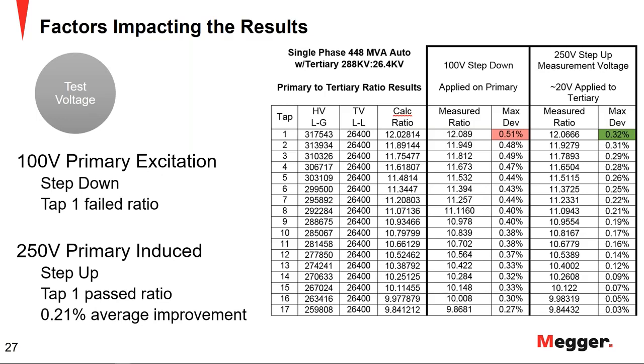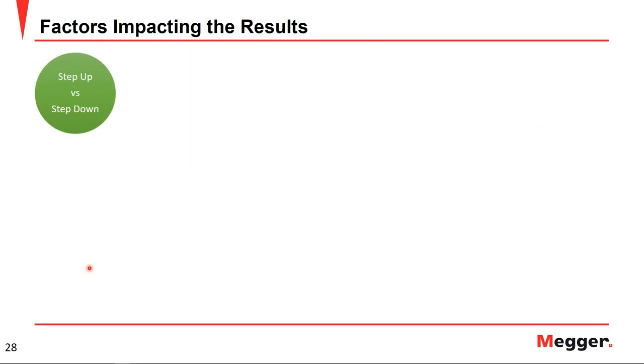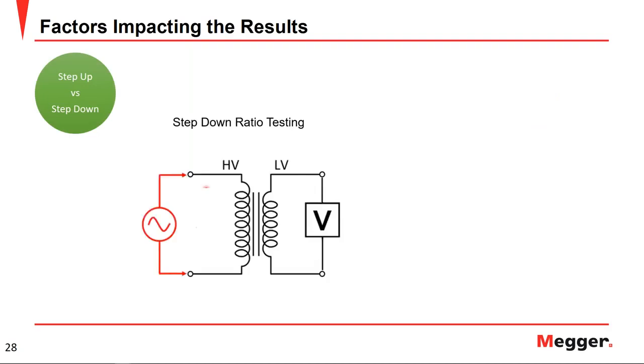This brings me into my next discussion because if you will note in the top right-hand corner here, there's 250 volts step-up measurement voltage, but 20 volts was applied on the tertiary, and this is what we refer to as the step-up method of testing. So step-down ratio testing is when you inject voltage on the high voltage winding and you induce voltage on the low voltage winding.